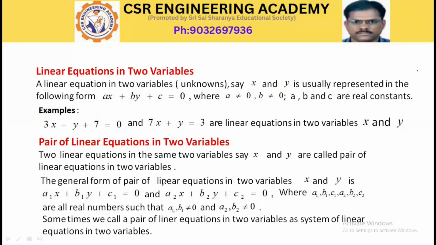The general form is a1x + b1y + c1 = 0 and a2x + b2y + c2 = 0, where a1, b1, c1, a2, b2, c2 are all real numbers such that a1, b1 ≠ 0 and a2, b2 ≠ 0. Sometimes we call a pair of linear equations in two variables a system of linear equations in two variables.